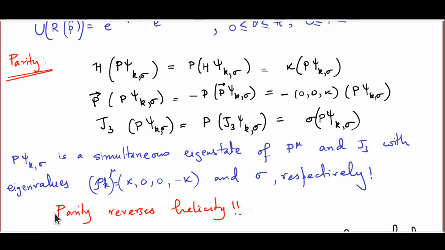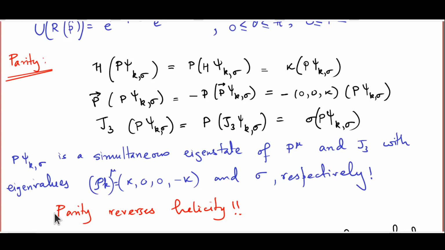As far as P vector is concerned, the momentum vector anti-commutes with parity, and this introduces a negative sign. So you are left with a set of eigenvalues minus 0, kappa for P psi k sigma. And J3 commutes with the parity, and therefore J3 has the same eigenvalue for P psi k sigma as it had for psi k sigma, namely sigma itself.